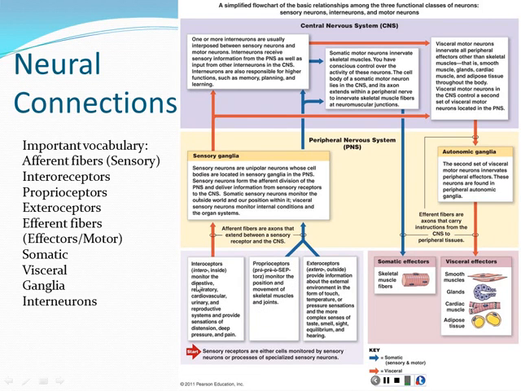Okay, so all of these receptors, the information has to get into the central nervous system. So we have sensory ganglia. All right, vocabulary: a ganglia is a collection of nerve cell bodies, neuron cell bodies, that's found outside the central nervous system.